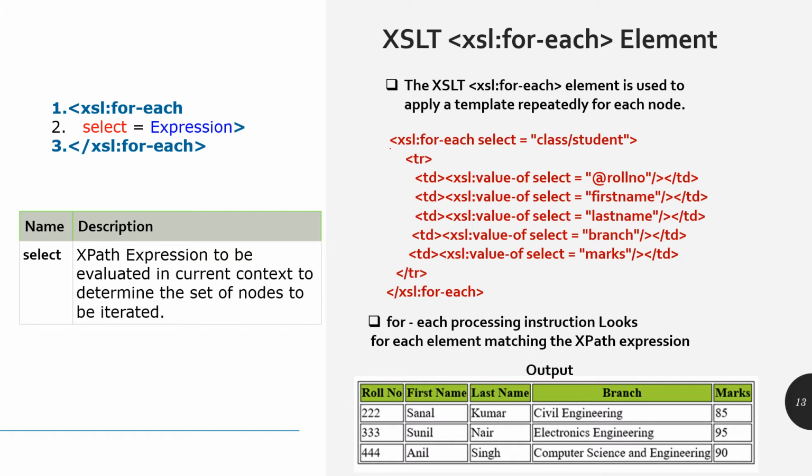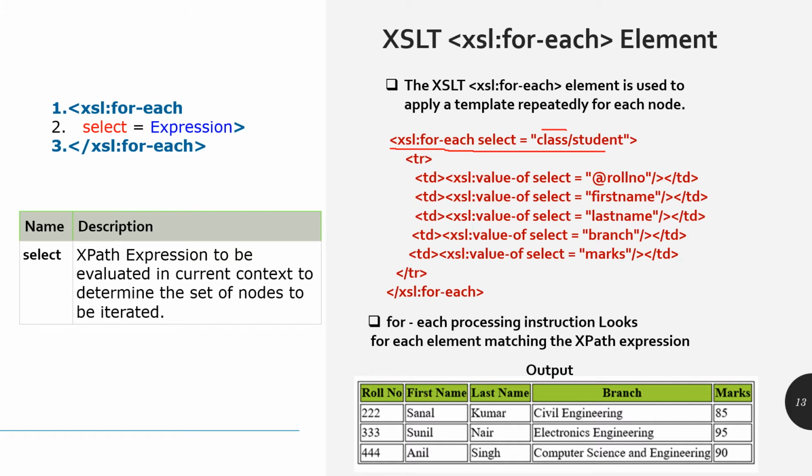So in the syntax we need to specify for-each, then select, and that expression here. It means that it should start from class student, that is class in the sense that is root.